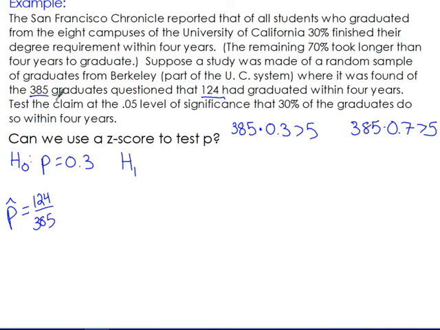That's going to be 0.32. So that might lead me to believe that maybe they're not right, that maybe that p is bigger than 0.3. So if that's bigger than, that's just going to help me know that it is going to be a right tail probability.